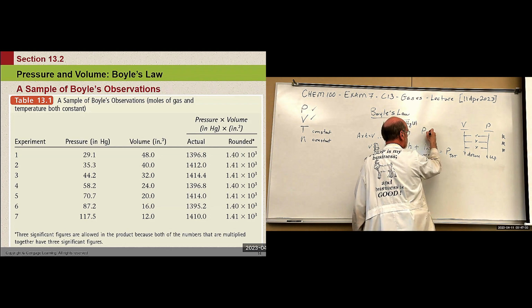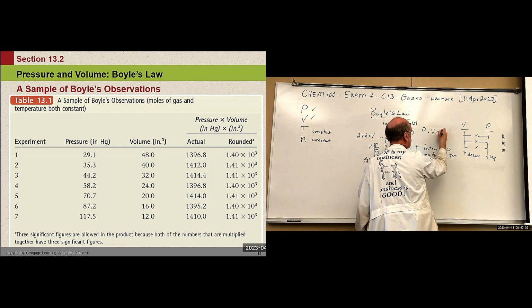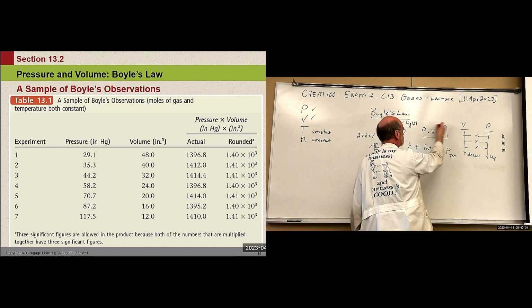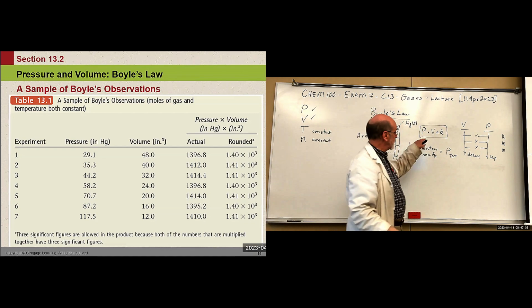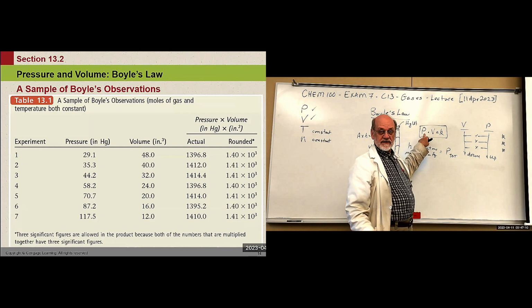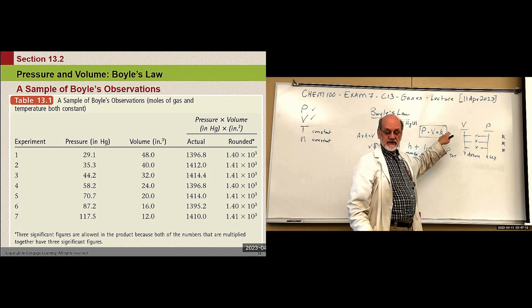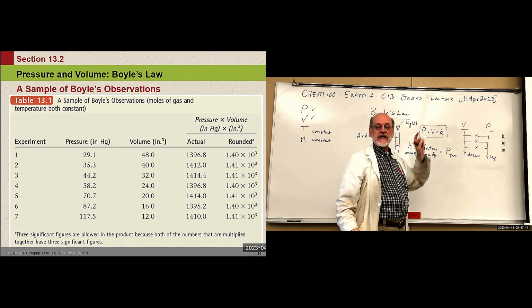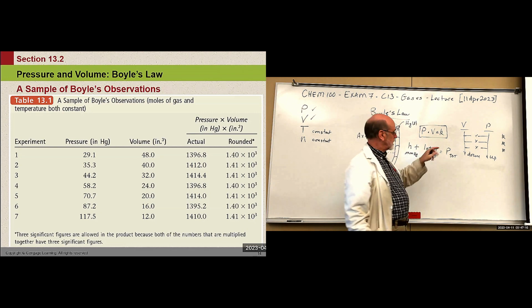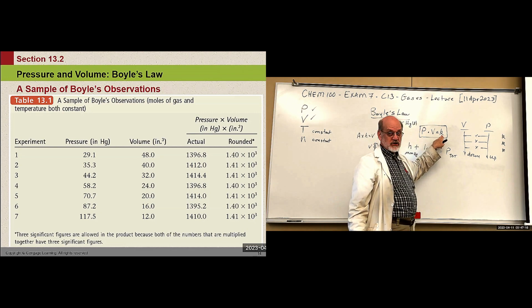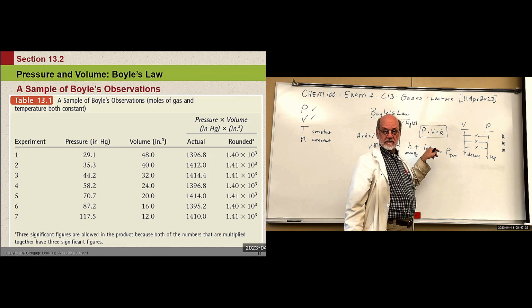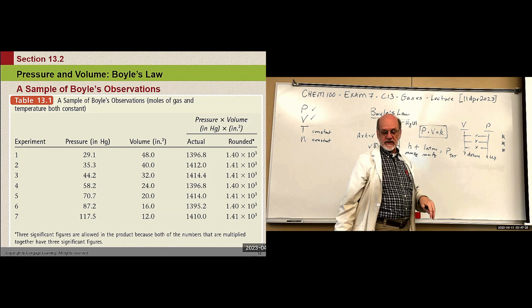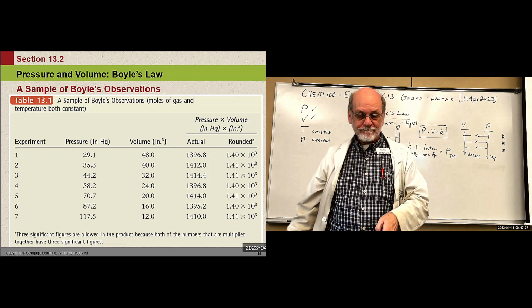Pressure measured, total pressure times volume equals a constant value. That is Boyle's law. And whenever you see a variable times another variable equal to a constant, it's always inversely proportional, right? If this is constant, doesn't change, then as this one goes up, that one has to go down. Otherwise, that won't be constant. Okay.